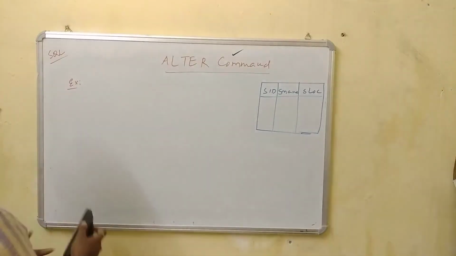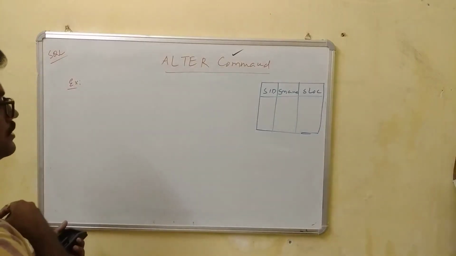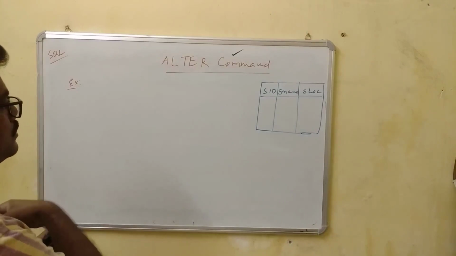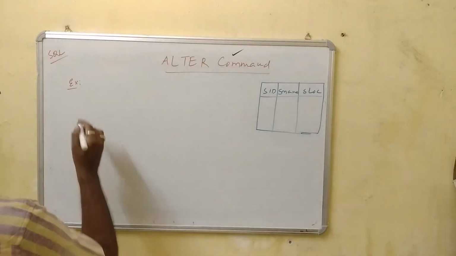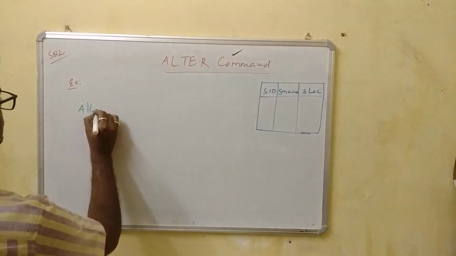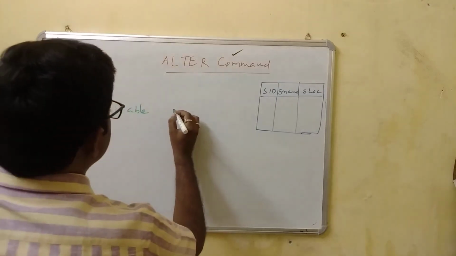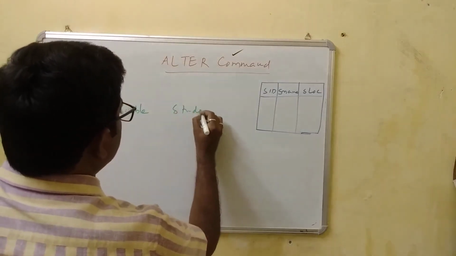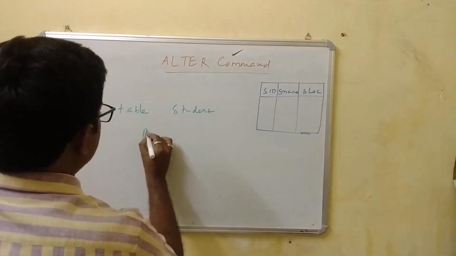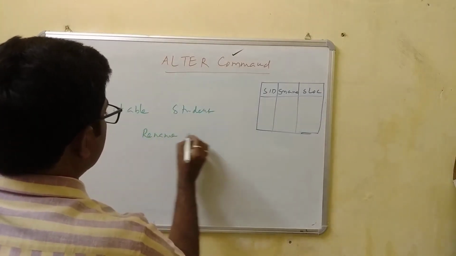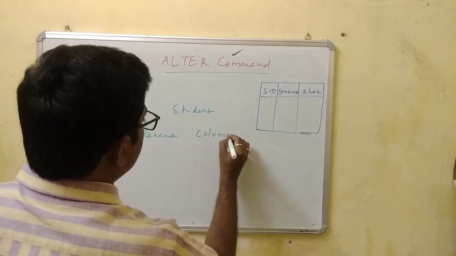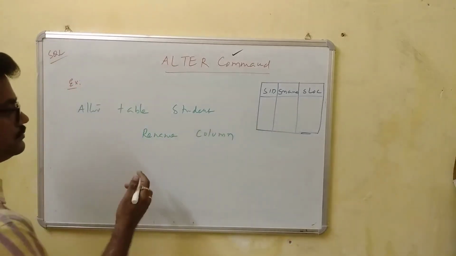And finally, the last one is how to work with renaming. If you want to rename, in the same way: alter table, name is student. Now rename column old value to new value.